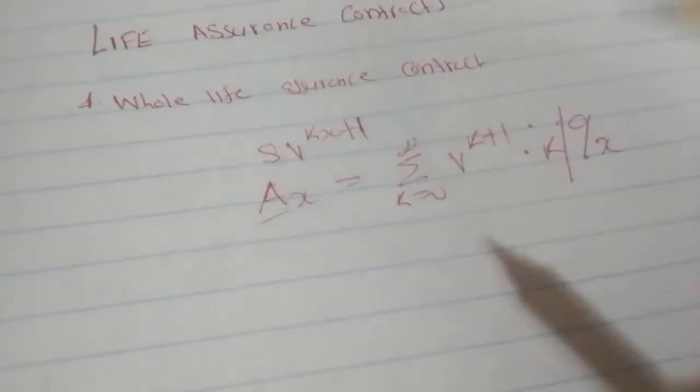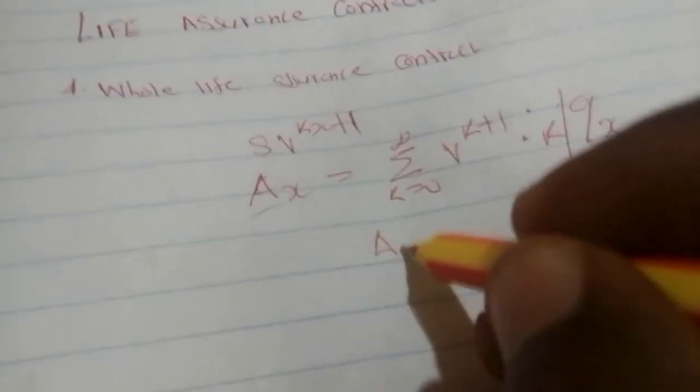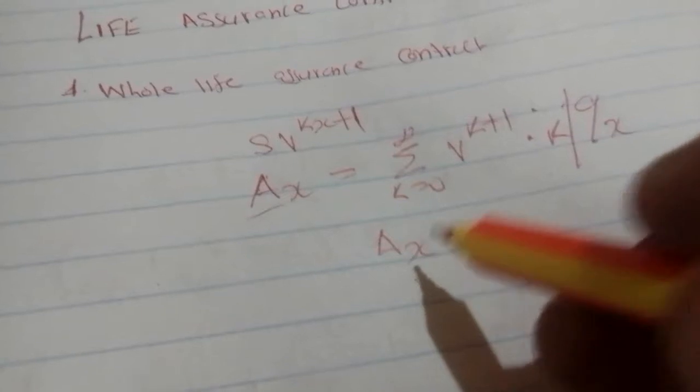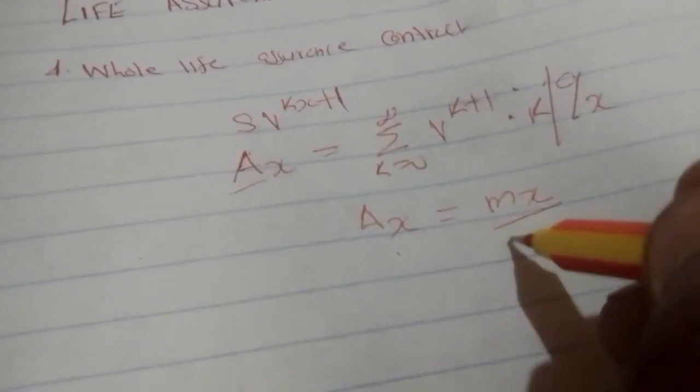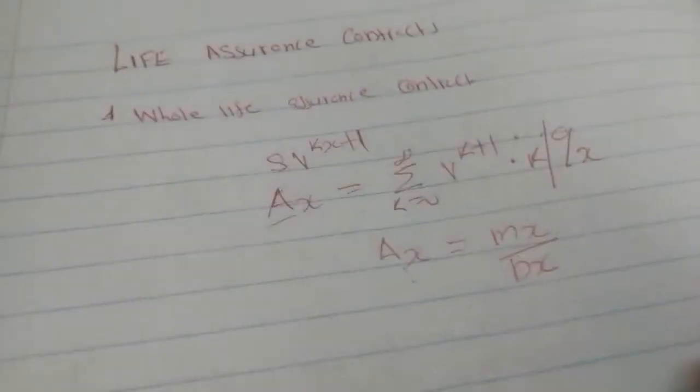So that is the handle. You can use this to find the present value or sum assured, or this one is computational. You can use Mx over Dx, which is the same as this one.